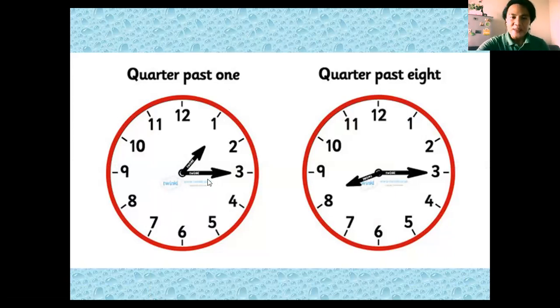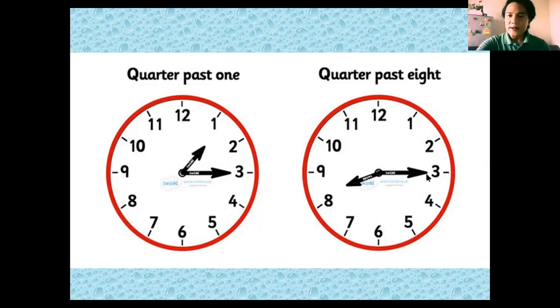Now, let us read these examples. First is quarter past. You read the long hand first. Quarter past 1. And here, quarter past 8.